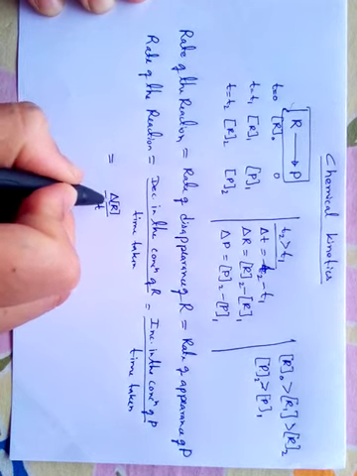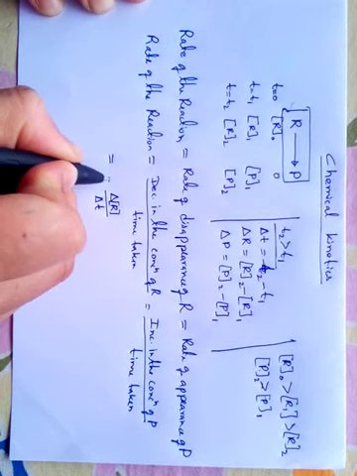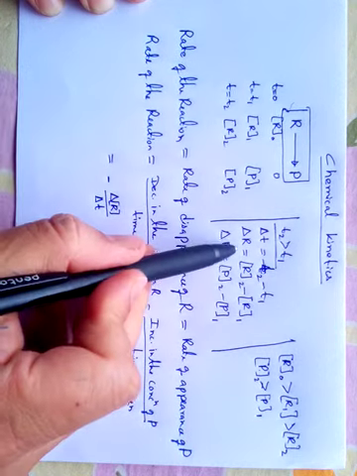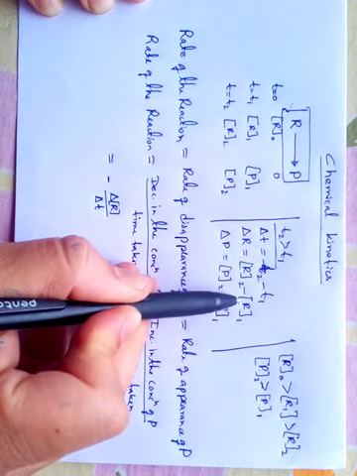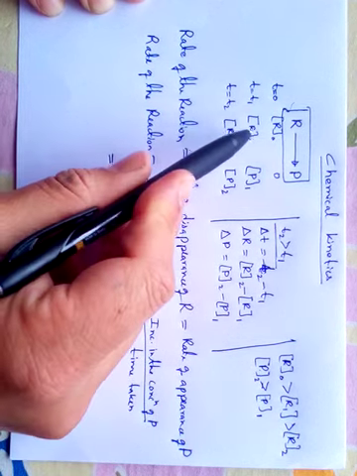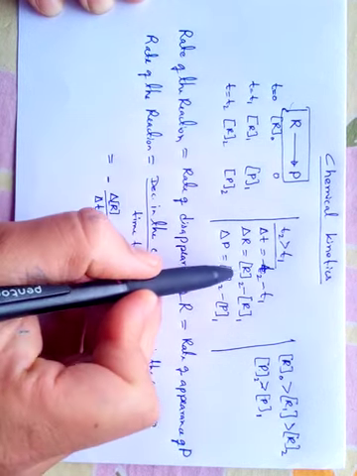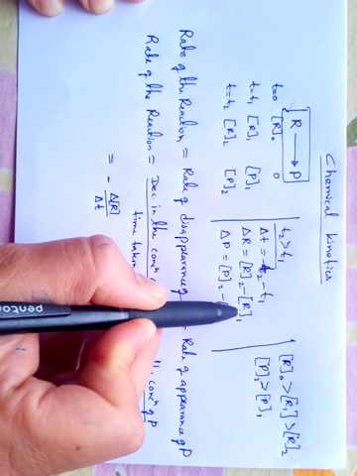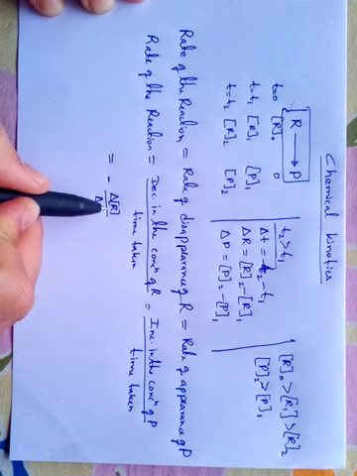Now we have to understand the negative factor here. Why negative? Because delta R means R2 minus R1, and since R2 is lesser than R1, a lesser value minus a higher value gives a negative result. So this term is negative.